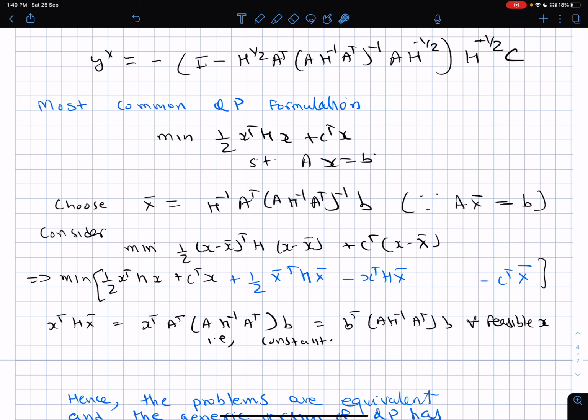So H x bar has been substituted as this times x transpose. But what is this? This is nothing but (Ax) whole transpose. But what has Ax to be equal to? Ax has to be equal to b. So therefore this becomes b transpose (A H inverse A transpose) inverse times b, which is a constant.